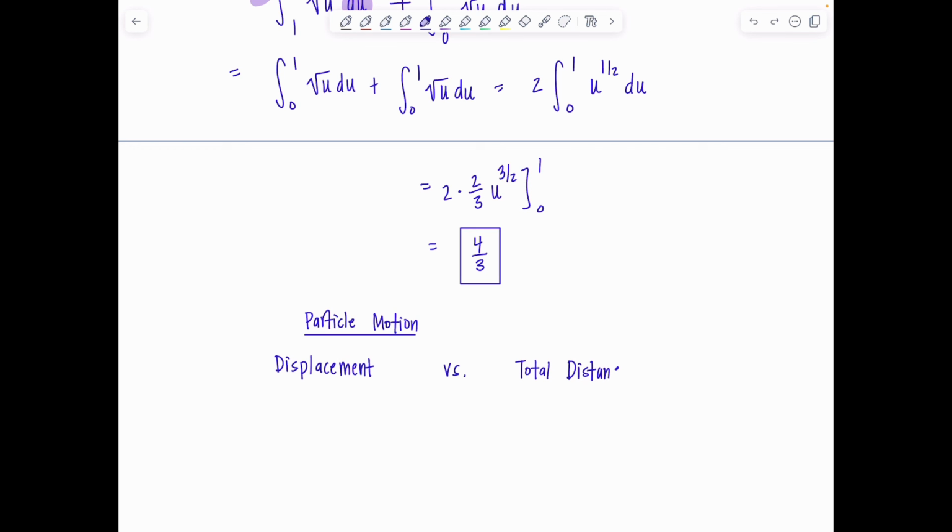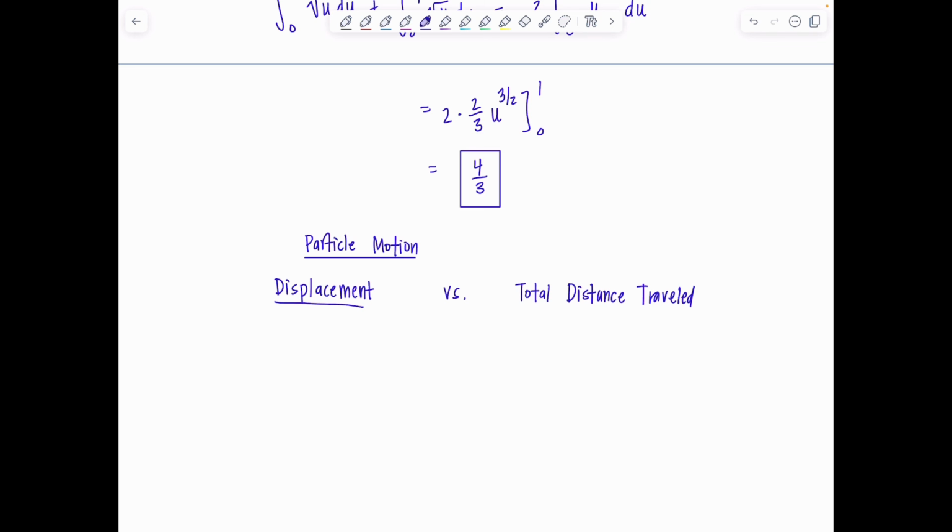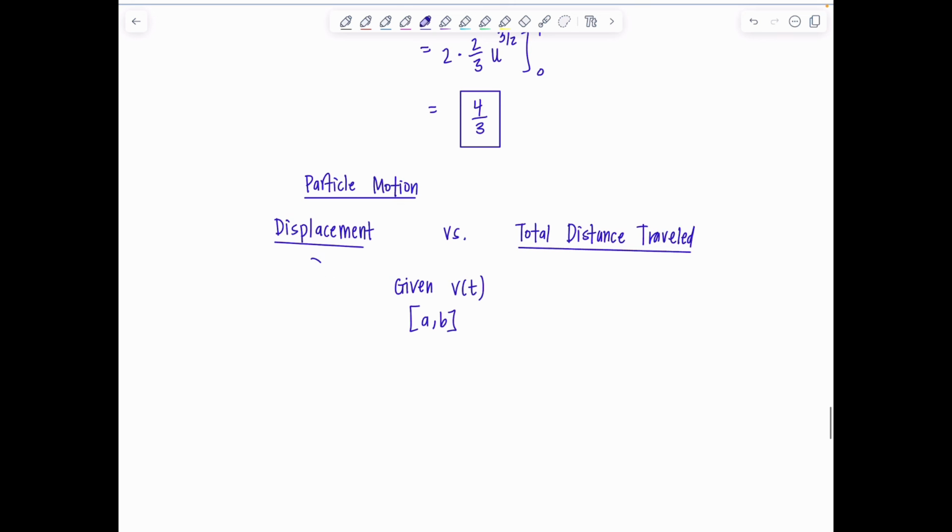And I have a video lecture on this, so I'll link it for you guys if you're at that point. So when would we use an integral? If you're given the velocity function and nothing else, and you're on some time interval from a to b. If you want just the displacement, that would be the integral from a to b v of t dt.